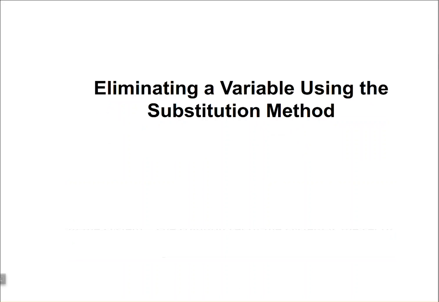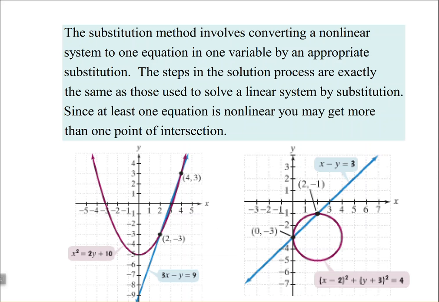So the first method that we're going to look at is the substitution method, solving by the substitution method. So we can use the substitution method when one of the equations has a variable with an exponent of 1.